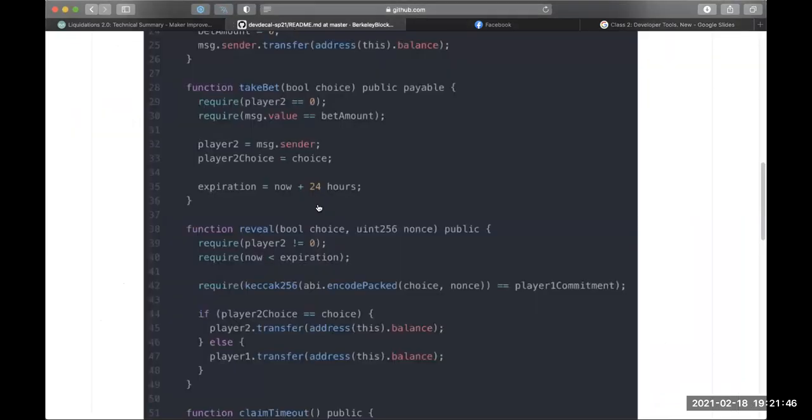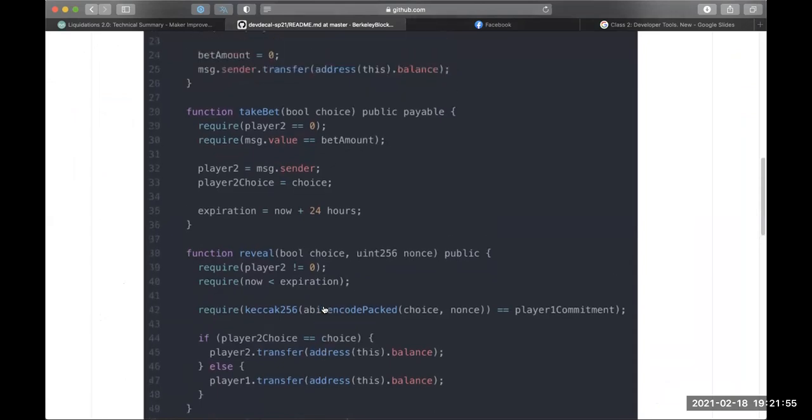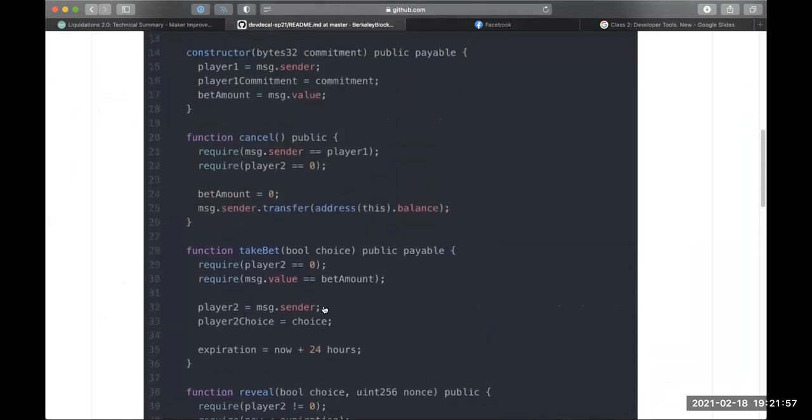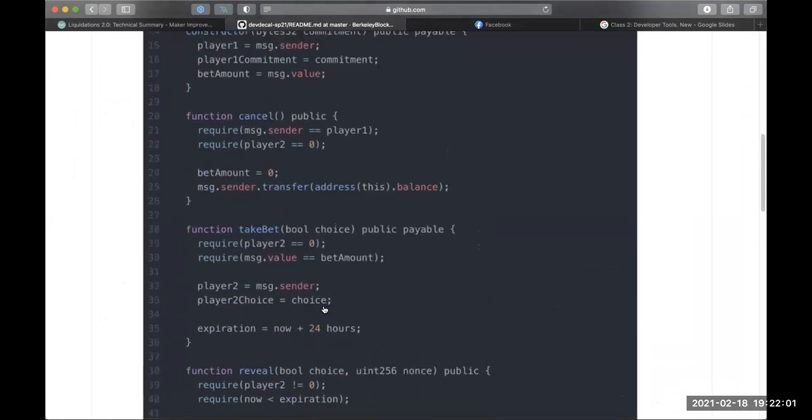Okay, my bad. So what happens is that you're transferring money to this player, and that's how it works. So player 2.transfer.